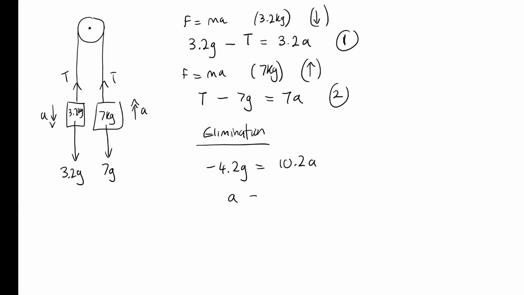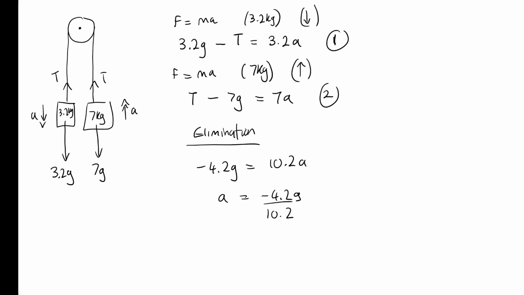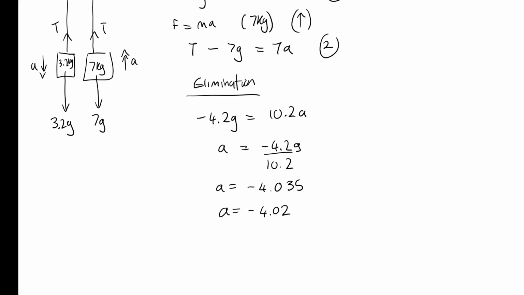So a is equal to minus 4.2g divided by 10.2, and that is an acceleration of minus 4.02.